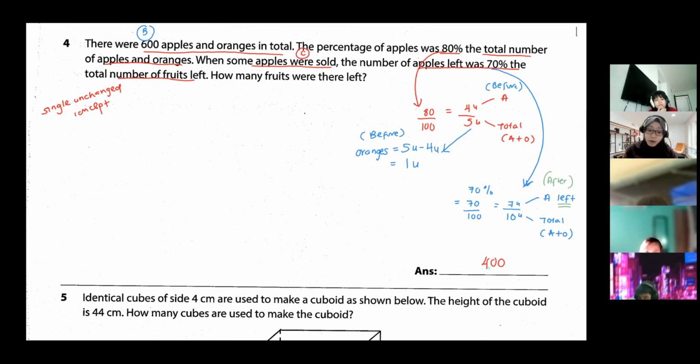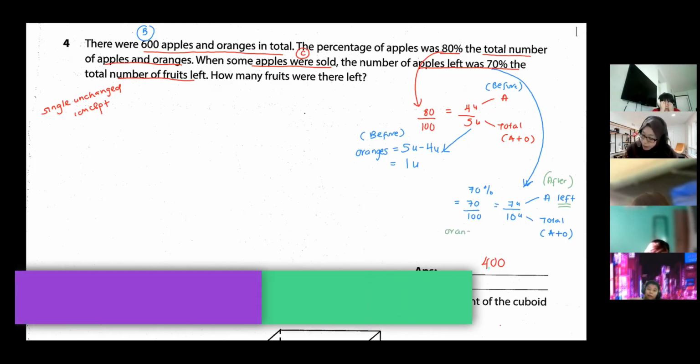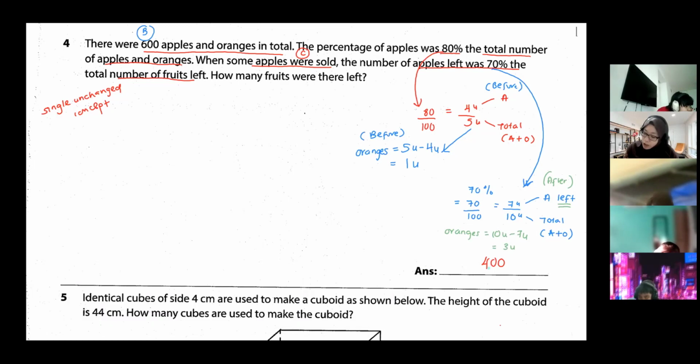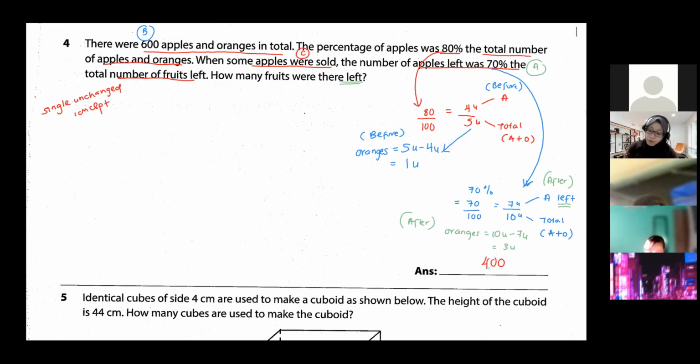Can I find my after oranges? I can. To find my oranges after, you minus also. 10 units minus 7 units, I get 3 units. This is oranges after. Yes. Okay, so this is my after in the question. So I have my B, my C, and my A. Now, how many fruits were there left over? I want to find my after, right?